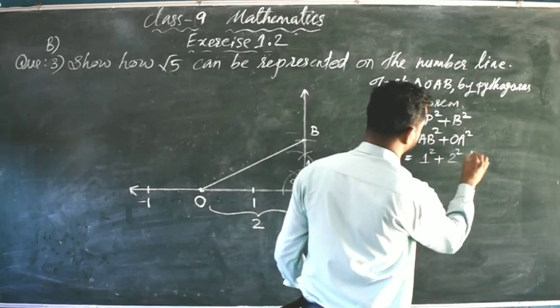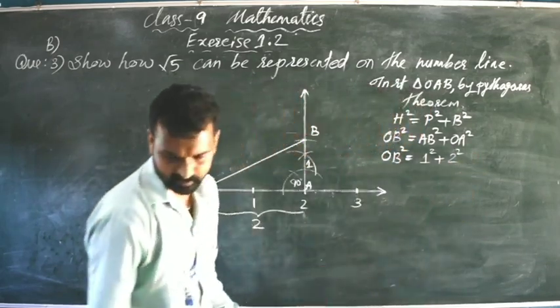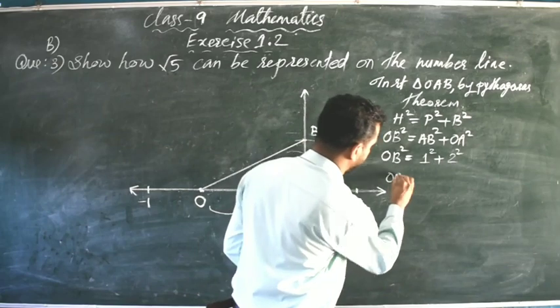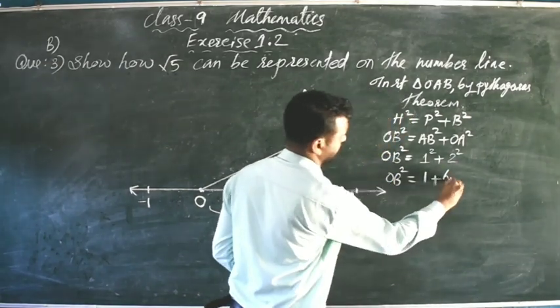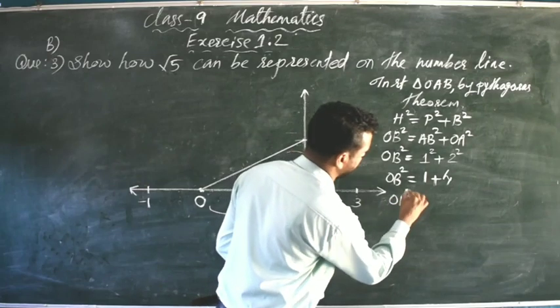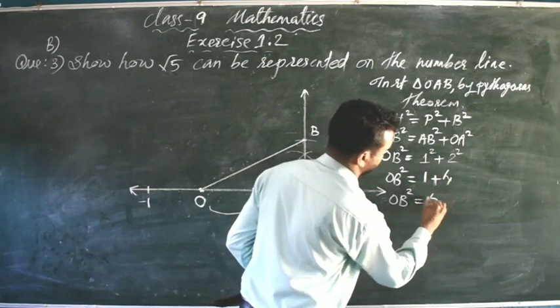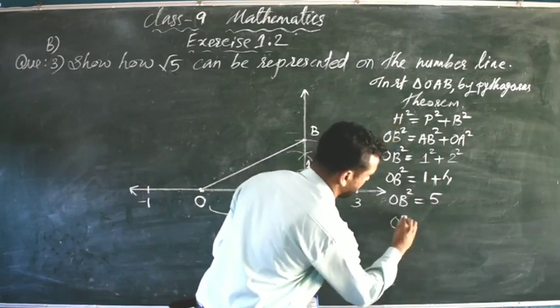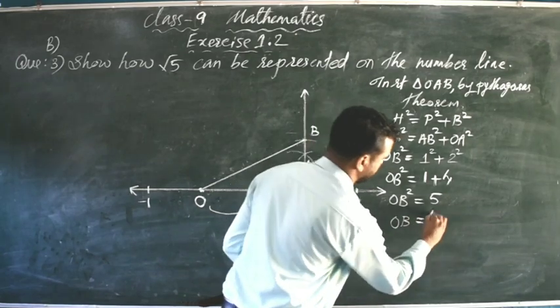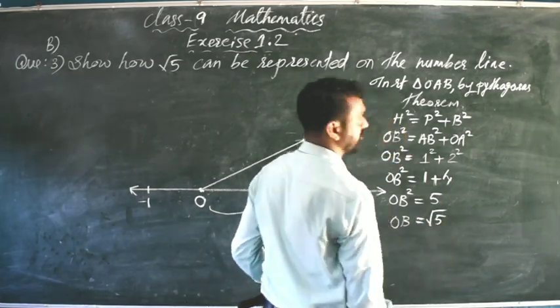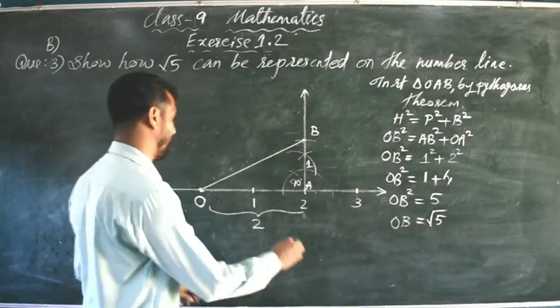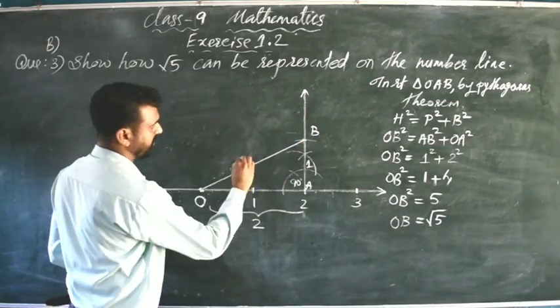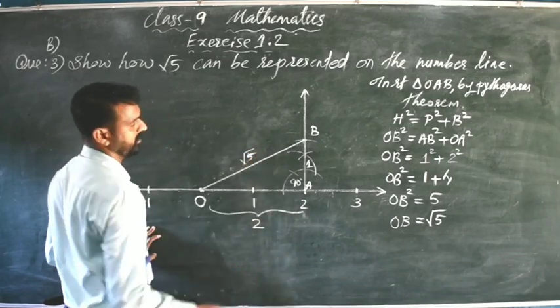So OB square is equal to 1 square plus 2 square, 2 2s are 4. OB square is equal to 1 plus 4, that is 5. Square transposing to the other side, we get square root, so OB is equal to root 5. So what is the length of OB? OB is equal to square root of 5.